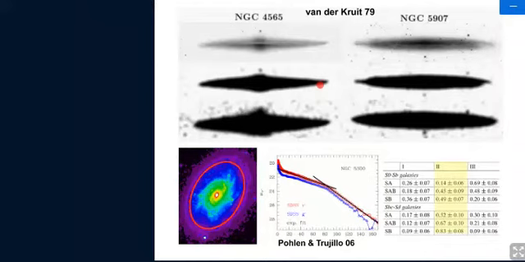Now, in modern CCD images, we have a slightly different picture, that the galaxy does extend some distance as an exponential, and then there's a break. There isn't quite this sharp end or truncation. There is a transition to a much steeper exponential. And here's another example of that.